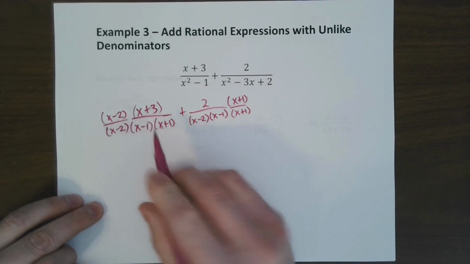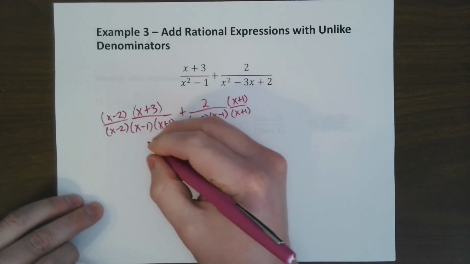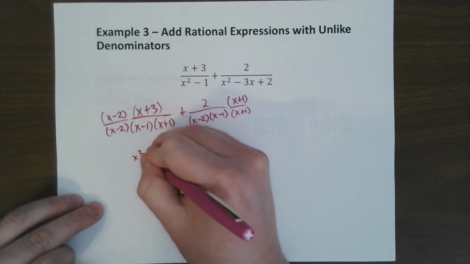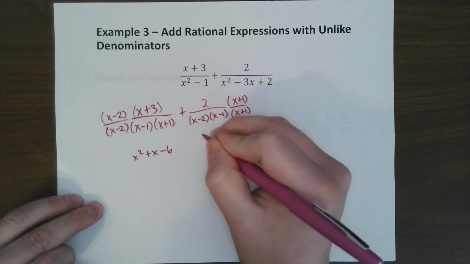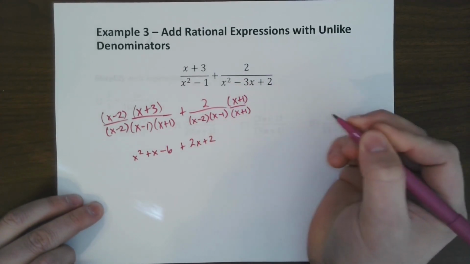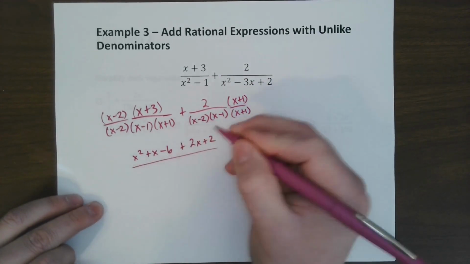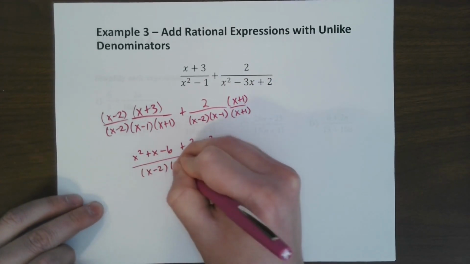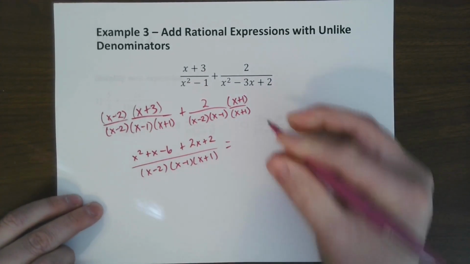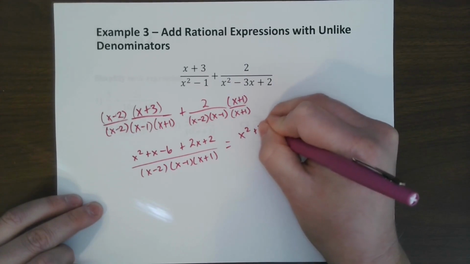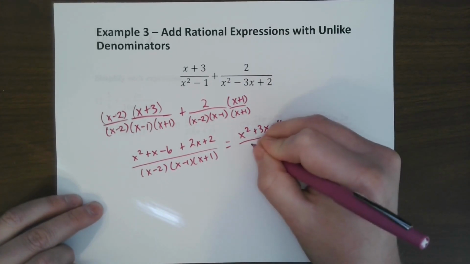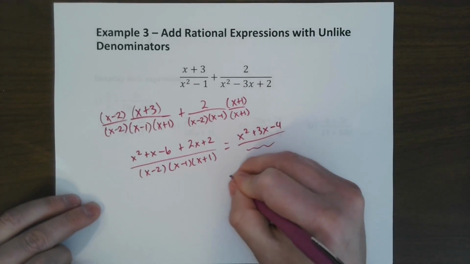And now we distribute the top. So we have x squared plus x minus 6 plus 2x plus 2 over x minus 2, x minus 1, x plus 1. Combine like terms on the top, so we get x squared plus 3x minus 4 over all this on the bottom, which I don't want to rewrite.